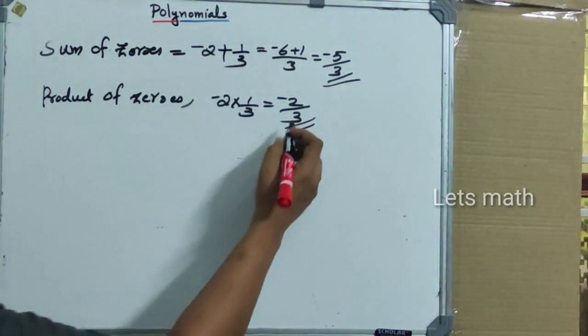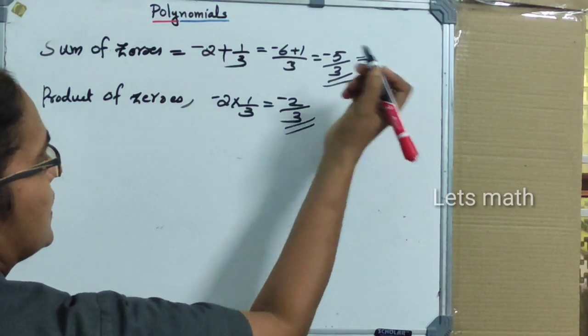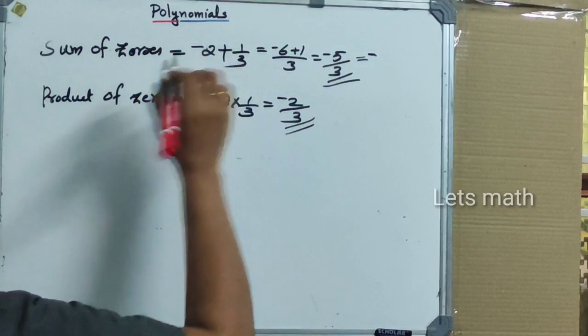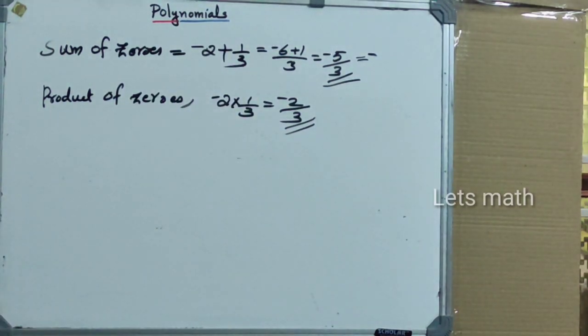Now you can just see that here it is minus 5. What is 5 in the polynomial?